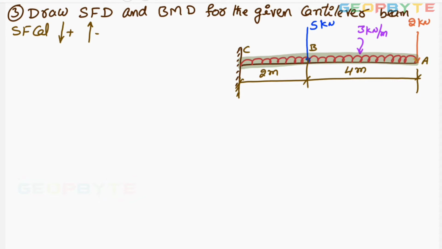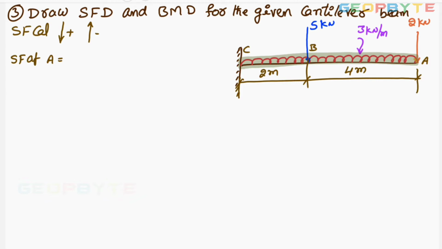I am going to find the shear force values from right to left. Now the shear force at A. Look at the point A, students. At A, how much load is acting?